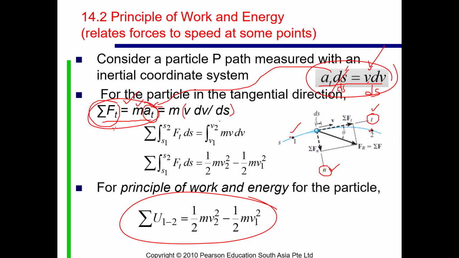Then later on, I will take this ds to the other side with the force. So the left-hand side will look like this, where I'm talking about the summation of force into displacement, right, with a particular limit. And on the right-hand side, I have the mass times velocity, where I have the limits on the velocity.